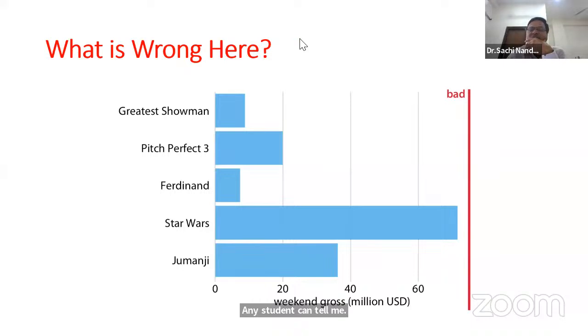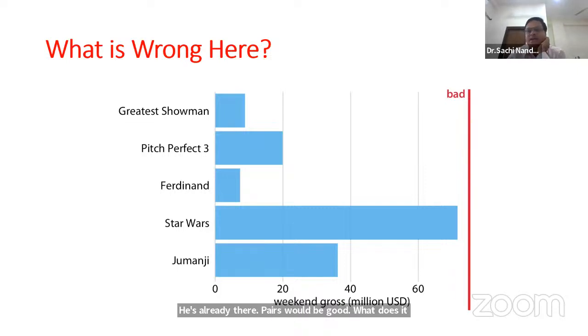What does wrong axis mean? Names should be at X. The name is already there. We have gross in terms of million USD, that is my x-axis, already there. Where should it be? What does 'where' mean?